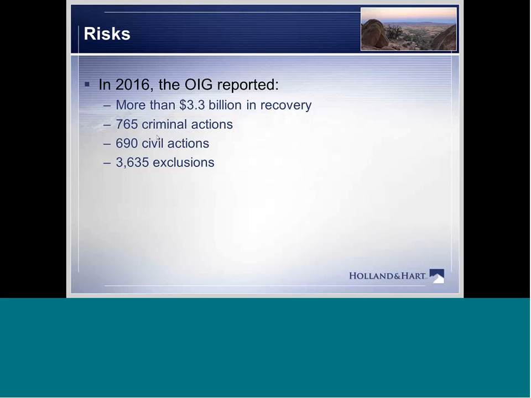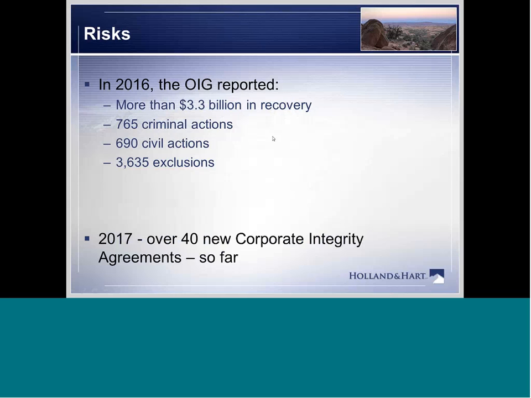Those numbers have also been fairly constant or in the same type of range over the last many years in terms of the number of actions and exclusions. So each year there is a significant amount of activity criminally and civilly in this arena.